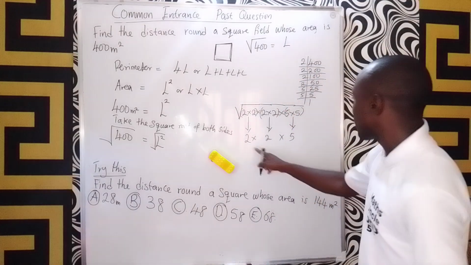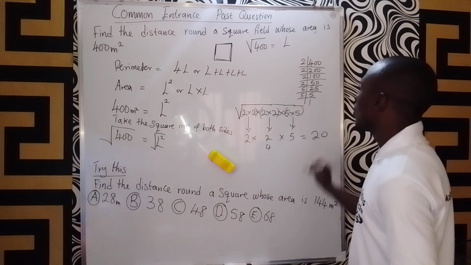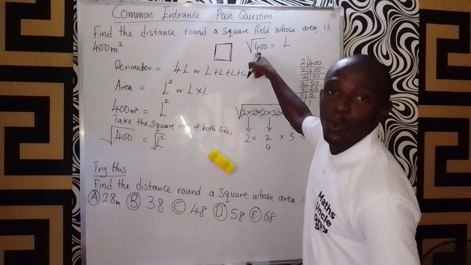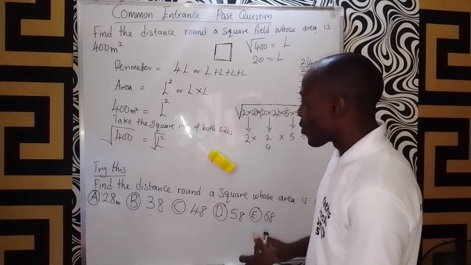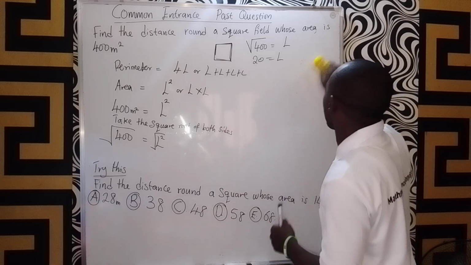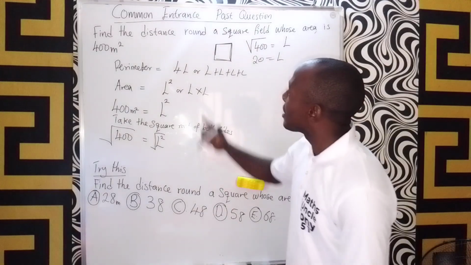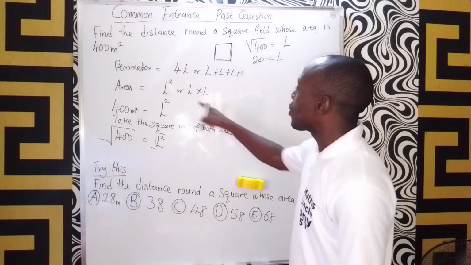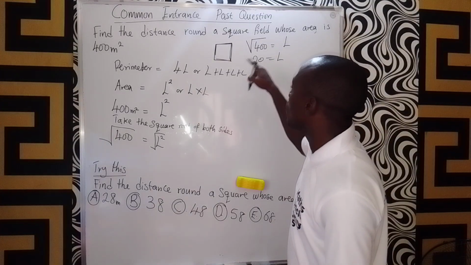So we have 2 times 2 will give us 4. 4 times 5 will give us 20. So therefore, the square root of 400 is 20, which is equals to L. I've shown you how to get the square root of 400. But we have not solved the question, because they ask to find the distance around the shape. So we substitute into the formula of the perimeter. We have found our L to be 20.